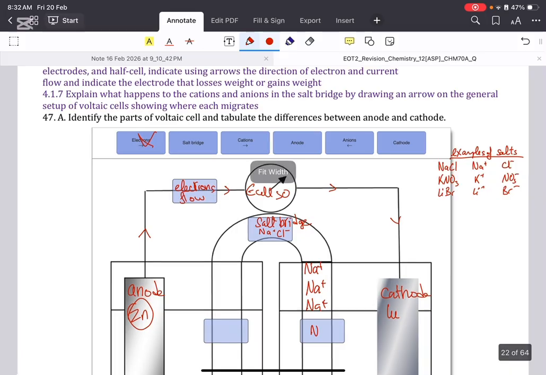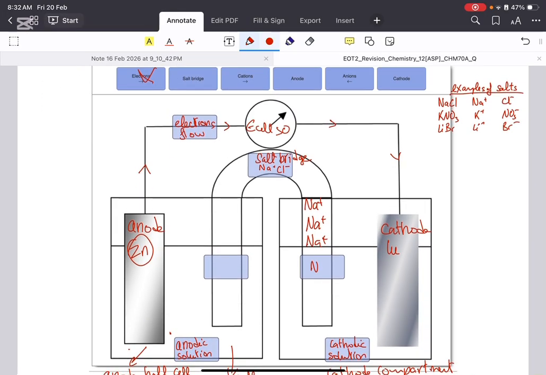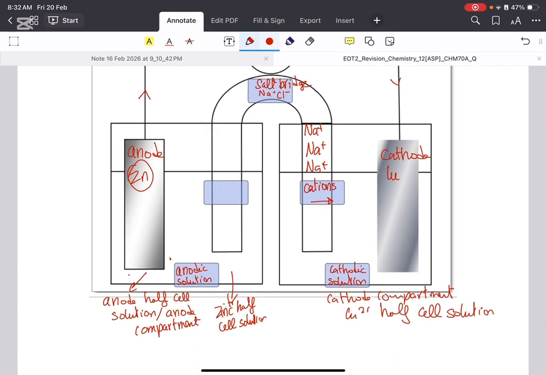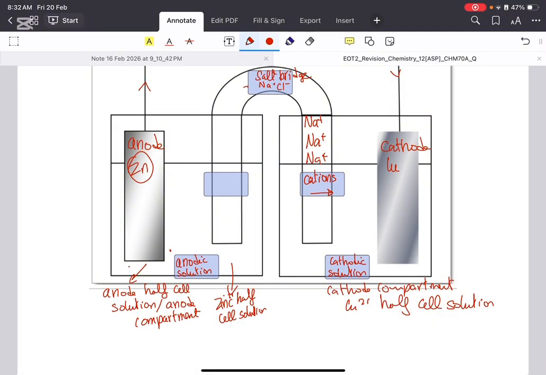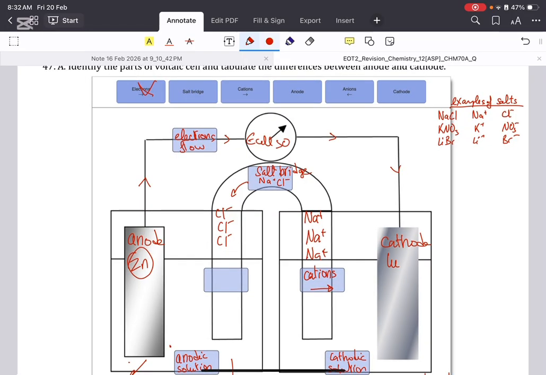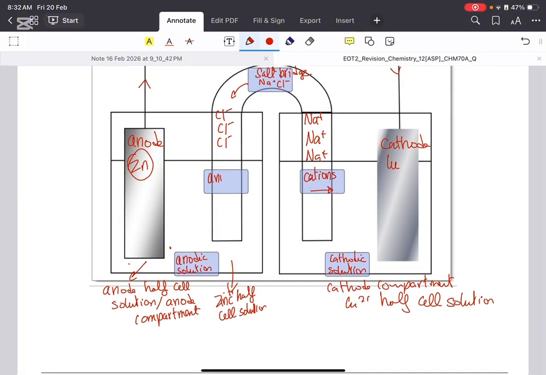Here I'm going to write cation, they flow to this side, they flow to the cathode. And I have the Cl minus going toward this direction, or any anion, it comes in this direction.